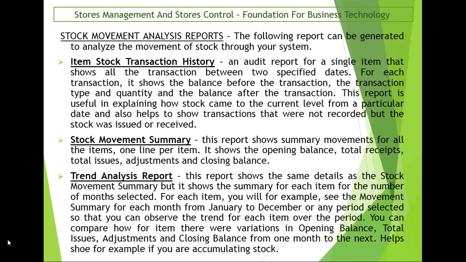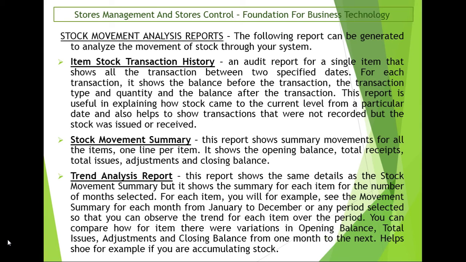For each transaction, it shows the balance before, the transaction type and quantity, as well as the balance after the transaction. This report is useful in explaining how stock came to the current level from a particular date, and also helps to show transactions that were not recorded but the stock was issued or received.